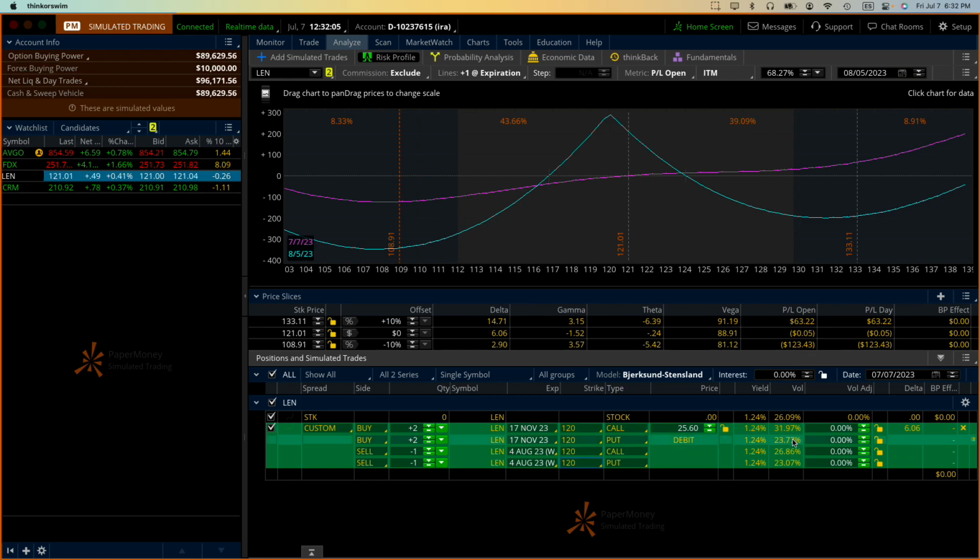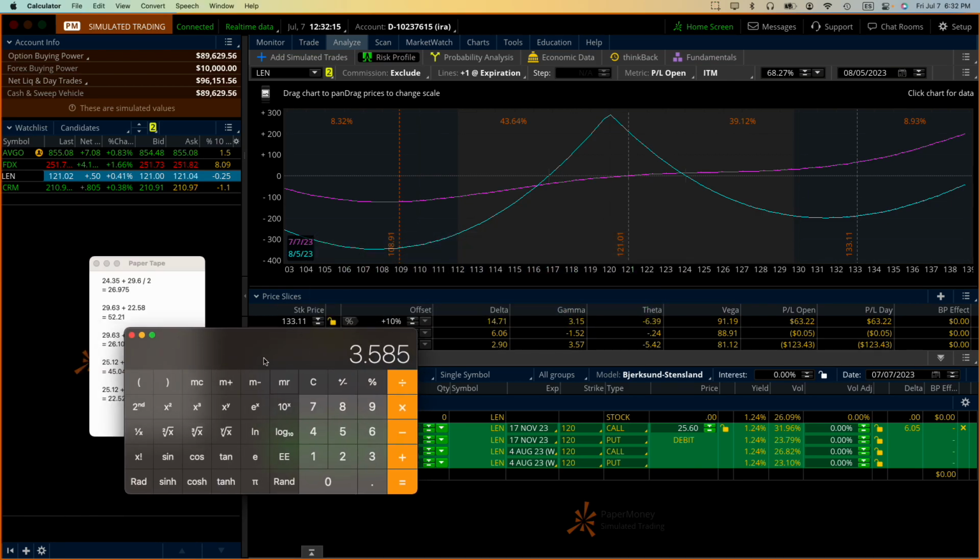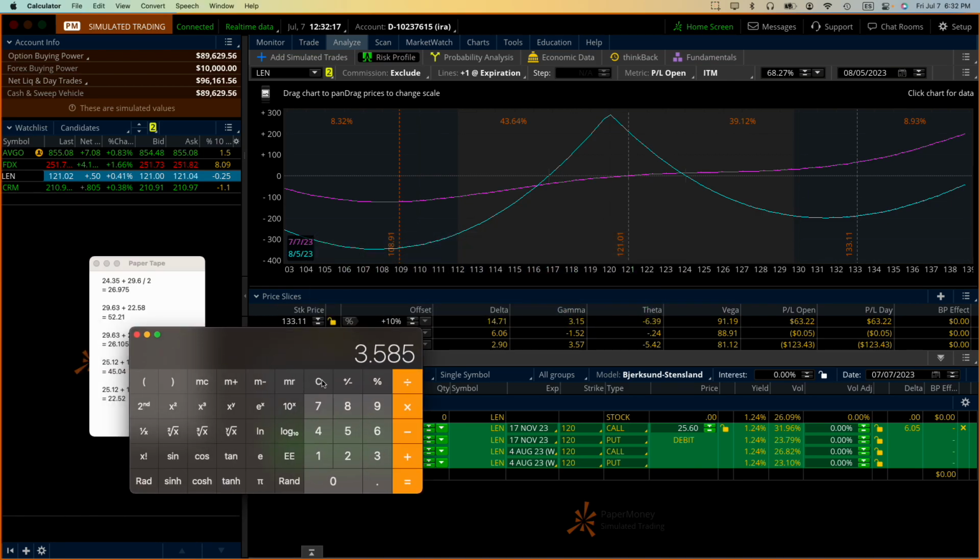The volatilities are 31, 23, 26, 23, and this is probably not good enough. Clear memory. And we have 31.96 plus 23.76 divided by 2. Let's store that in memory.